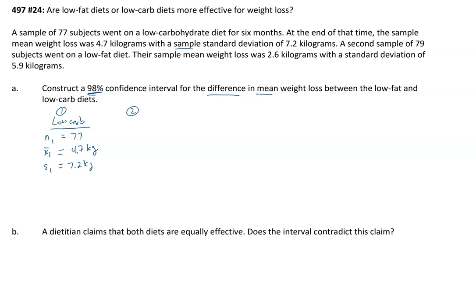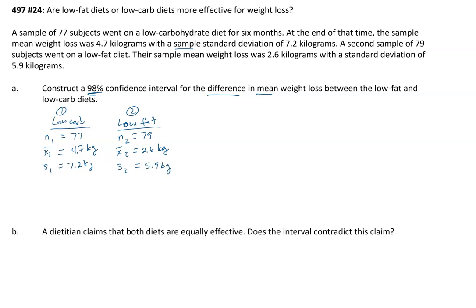Then we have our second sample, which is the low fat group, and we have a second sample size, 79. We have a second sample mean of 2.6 kilograms. That seems noticeably less. And then a sample standard deviation of the second group, 5.9 kilograms.